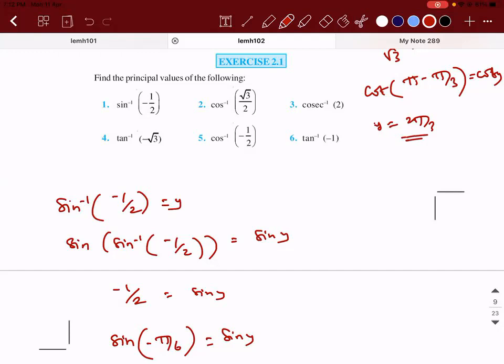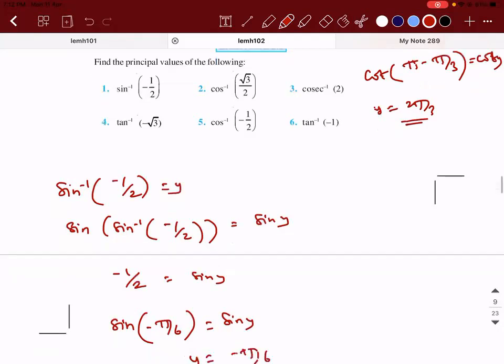If the question starts with cos inverse, secant inverse or cot inverse, pi minus acute angle. So this problem is cos inverse of minus half, so pi minus acute angle, 2 pi by 3. What about tan inverse minus 1? Minus pi by 4. That's it.